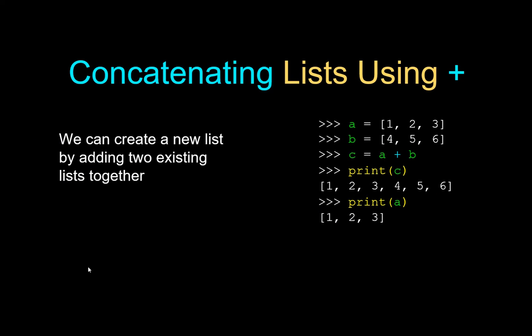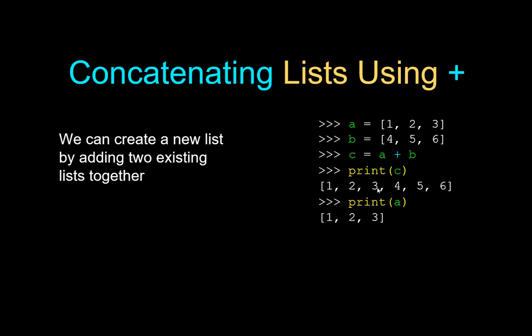Okay, so we can have an operator, the plus, which is the concatenation. So in this case we have one list 1 2 3, the second list 4 5 6. We concatenate these two lists and we assign it to another list called C. Then we print it.